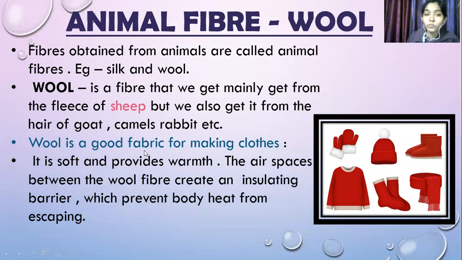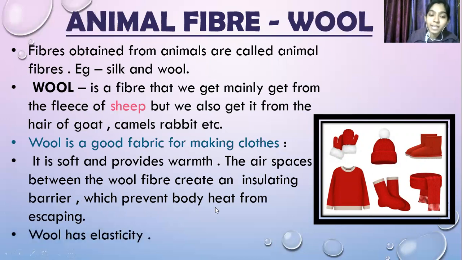So wool is a good fabric for making clothes. Why is it good? Because it is soft and provides warmth. That is why we wear it in the winter season, because the air spaces between the wool fibers create an insulating barrier which prevents body heat from escaping. That is why it is good in winter season.